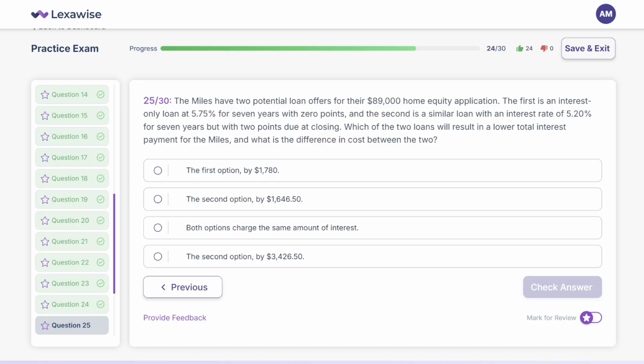And what is the difference in cost between the two? A. The first option by $1,780. B. The second option by $1,646.50. C. Both options charge the same amount of interest. D. The second option by $3,426.50. Pause and take your time to reflect.